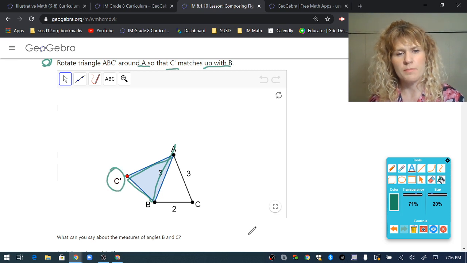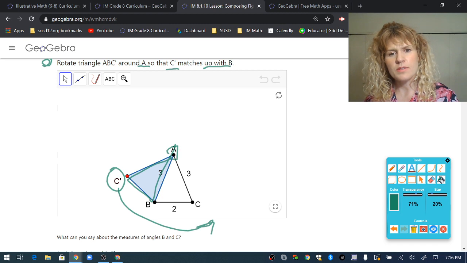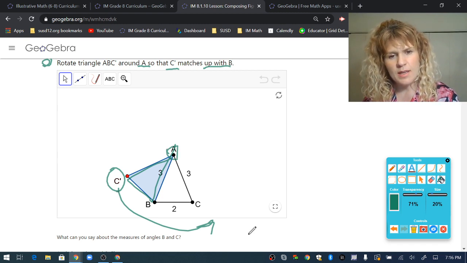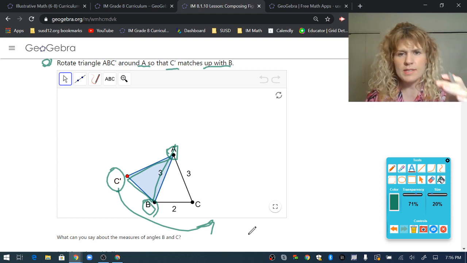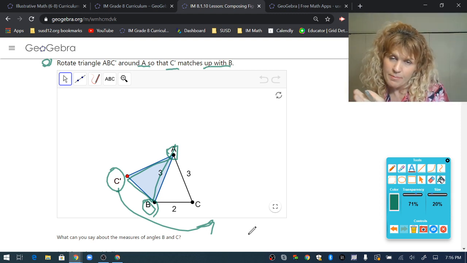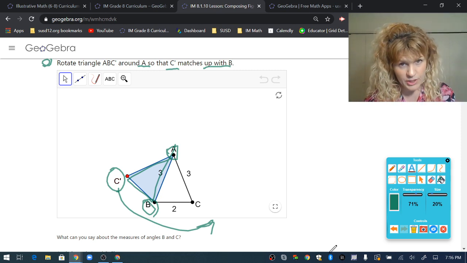Notice the C prime. They said to rotate around center A so that C matches up with B. We're going to put this image back on top of the original figure, but not by another reflection.